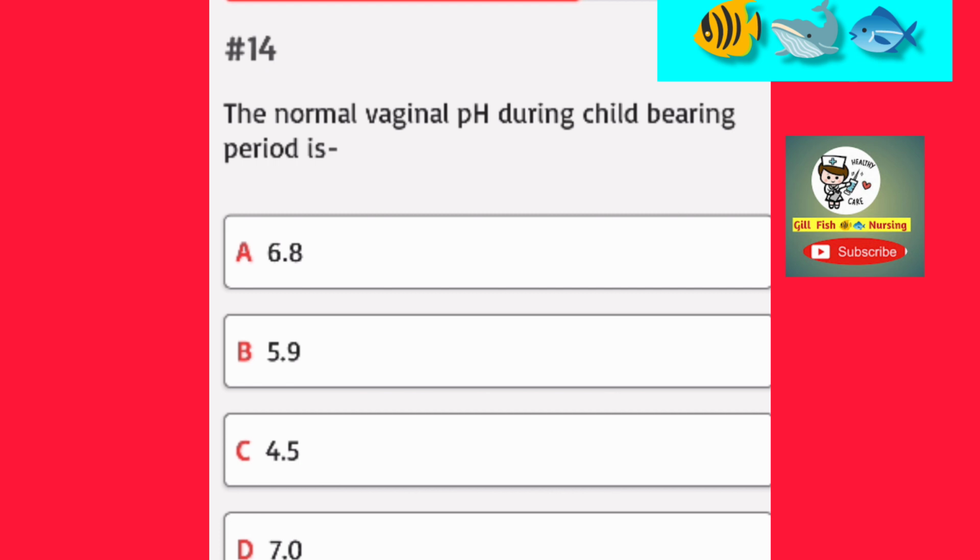Neutral means 7, above 7 is alkaline and below 7 is acidic. So the answer will be 4.5, because the vaginal pH is always around 3.8 to 4.5. So that will be the correct answer, acidic in nature. That is during the childbearing period. Okay, next question.